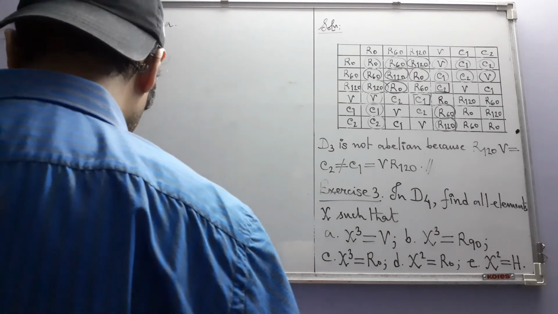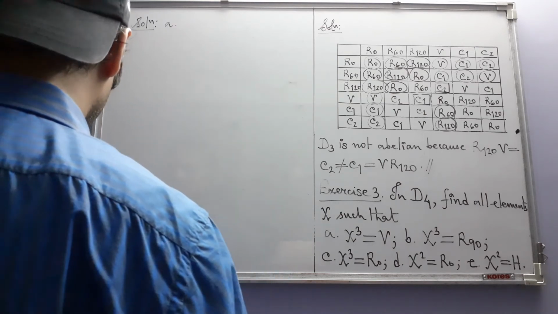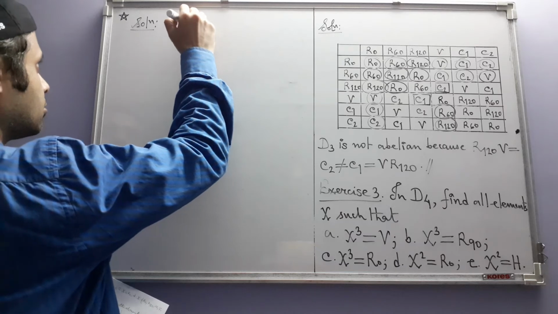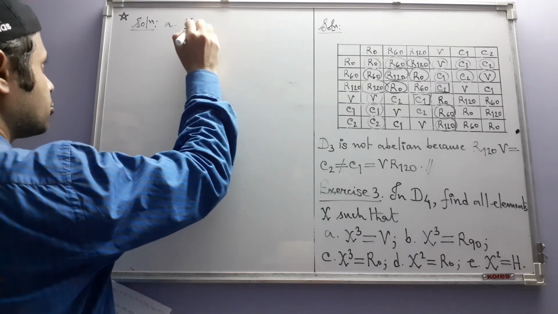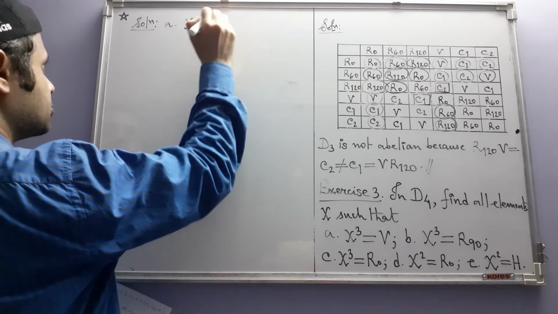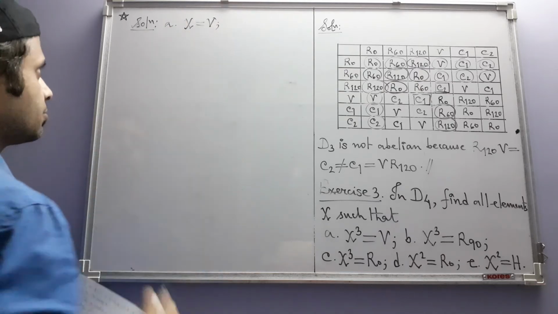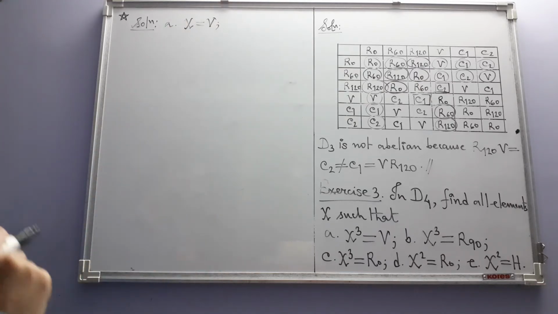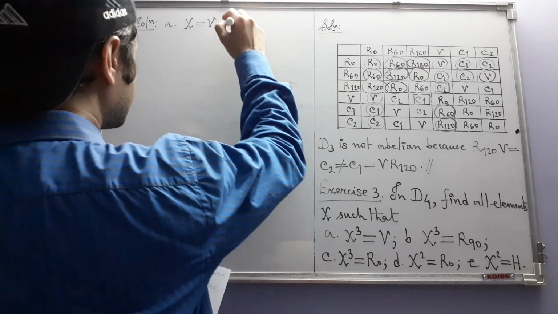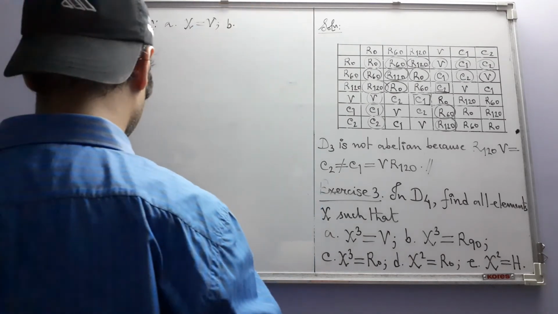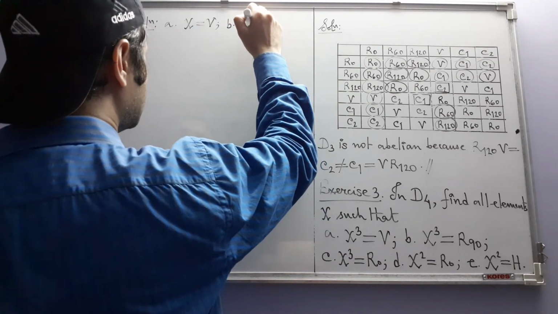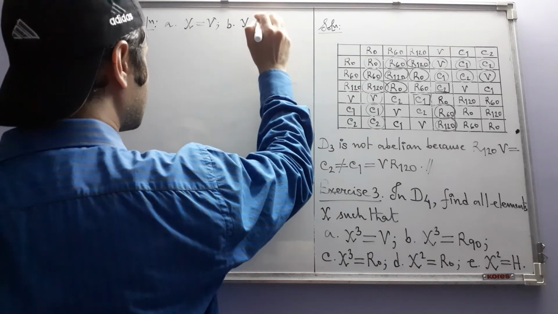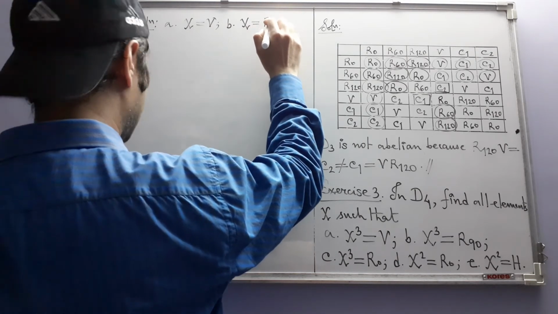For A, x cubed is V. There is only one choice for x which will give us that. That is V itself. V cubed is V. For B, x is R270.